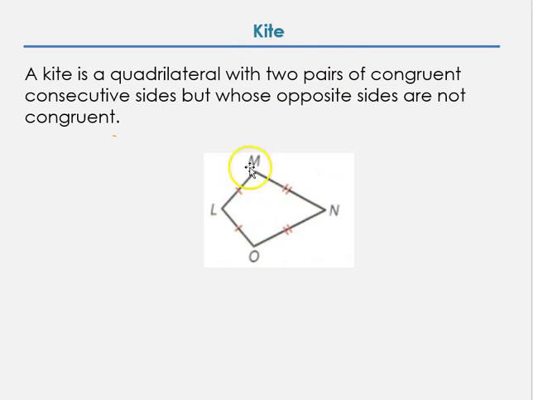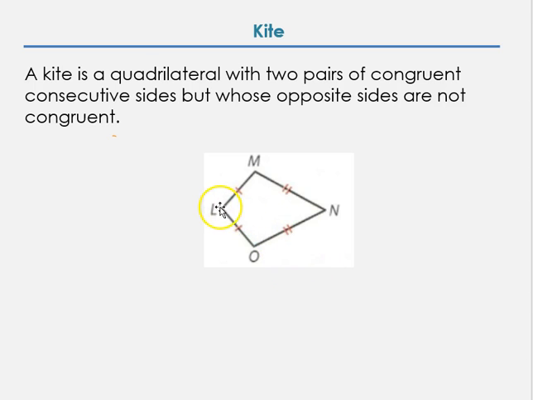We have a shape here. You probably don't see this very often, but this is called a kite. And a kite is a quadrilateral with 2 pairs of congruent consecutive sides, but whose opposite sides are not congruent. So LM is congruent to LO, and NM is congruent to NO, but they are not congruent to each other.